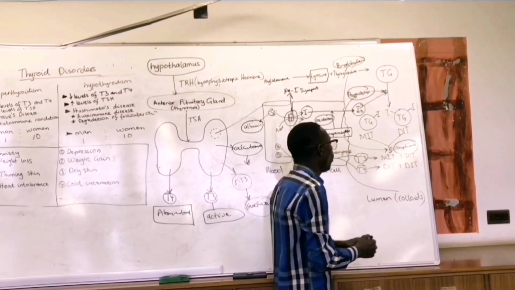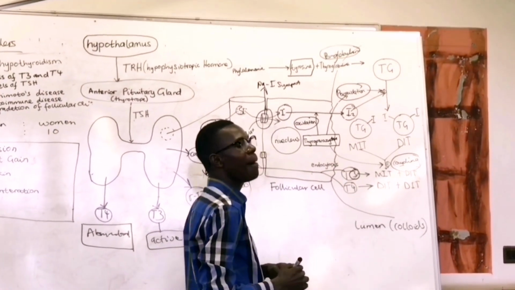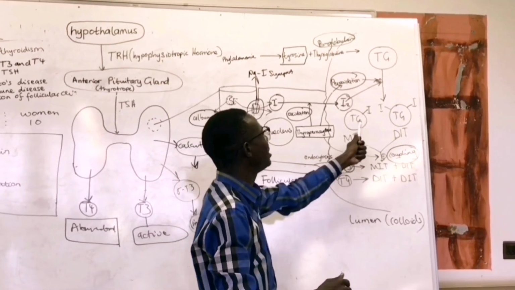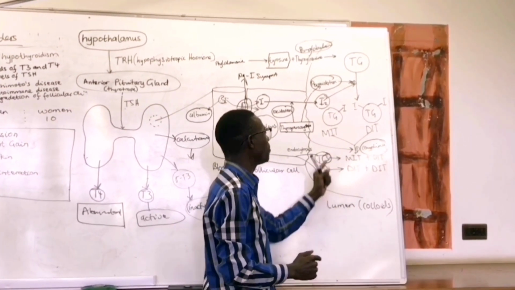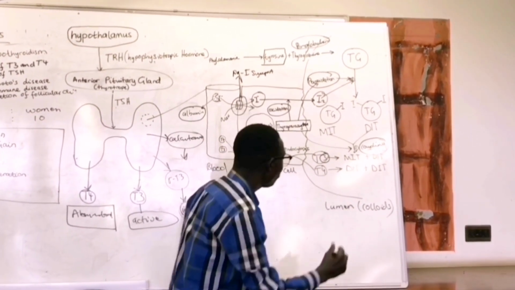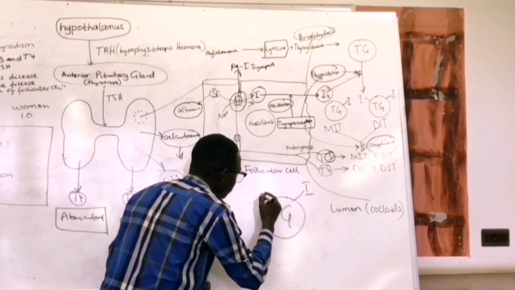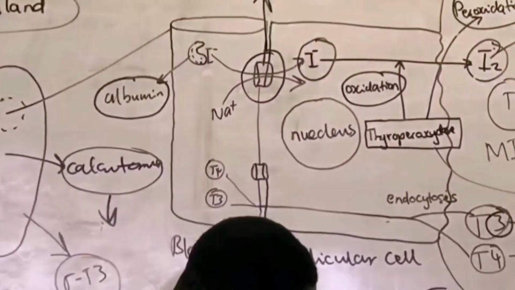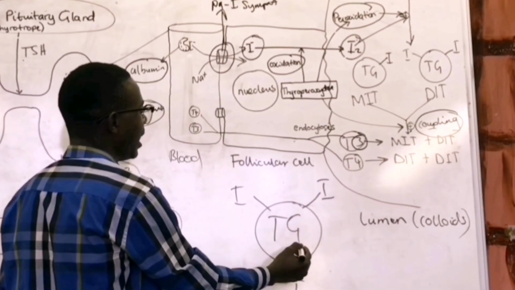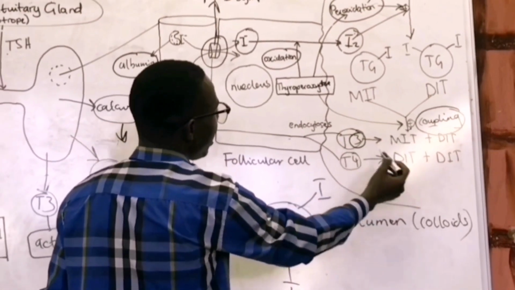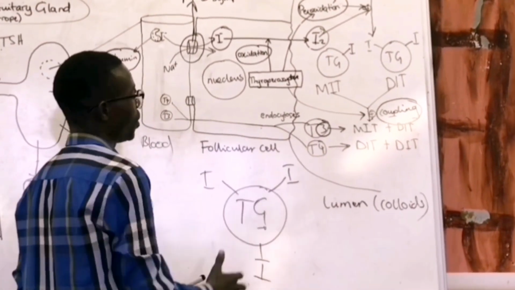If MIT binds to DIT, we are going to have T3. This 3 represents the number of iodines bound to the thyroglobulin. So if we have T3, it means we have 3 iodines bound. The complex will look something like this, whereby the TG here has MIT and DIT, so we have 3 iodines bound to this complex.